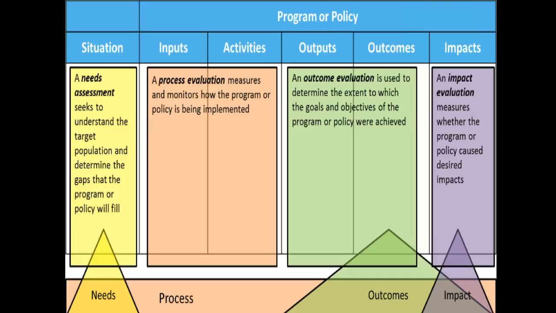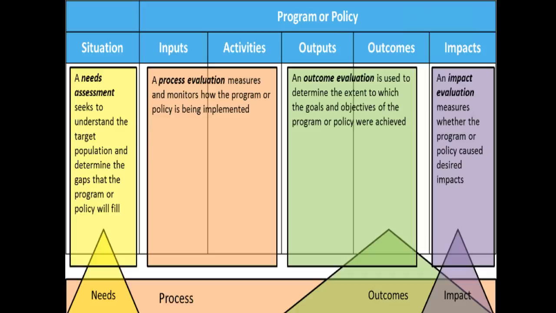Evaluation plan. I get my words all mixed up. So you can see along the bottom, we are not going to worry about a needs assessment or evaluating needs. We're going to pretend that that's already been done. But you can see in a process evaluation or process questions, measure and monitor how the program or policy is being implemented.